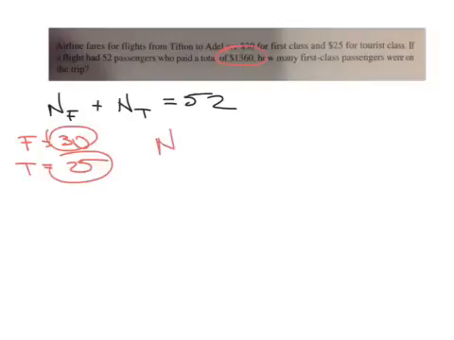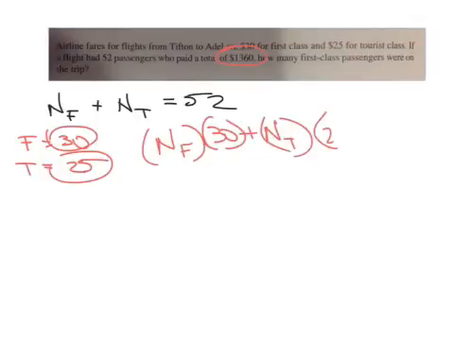So the number of first class passengers who paid 30 plus the number of tourist passengers who paid 25 equals 1360, right? We took the number times how much each one paid plus the number of tourists times how much each one paid, and that's what we've got. So we've got two equations here. Alright, so that makes it nice.